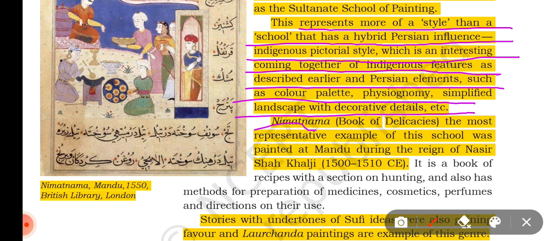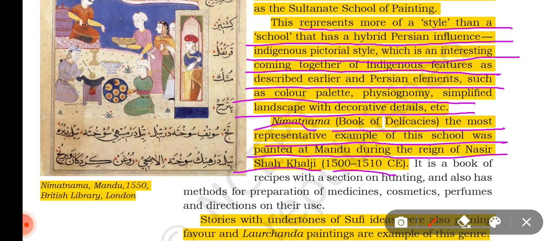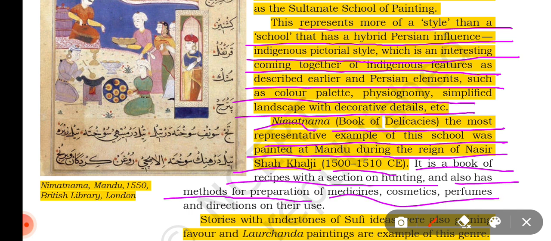Nimat Nama, the book of delicacies, the most representative example of these schools, was painted at Mandu during the reign of Nasir Shah Khalji, 1500 to 1510 Common Era. It is a book of recipes with a section on hunting, and also has methods for preparation of medicine, cosmetics, perfume, and directions on their use.